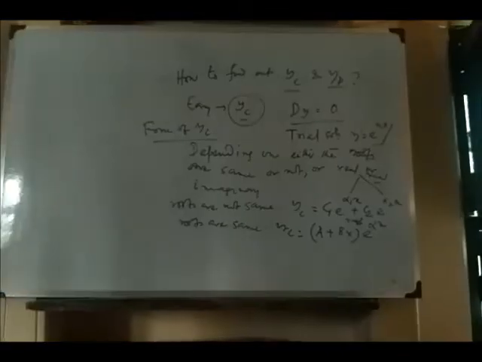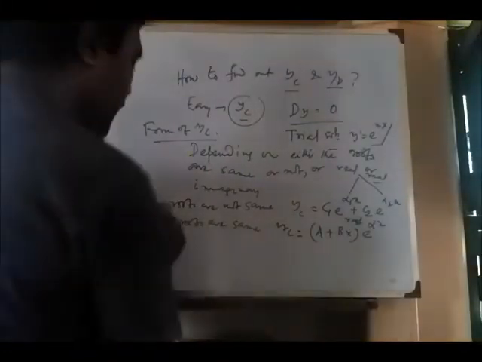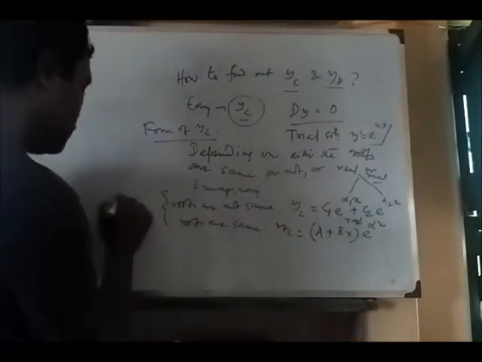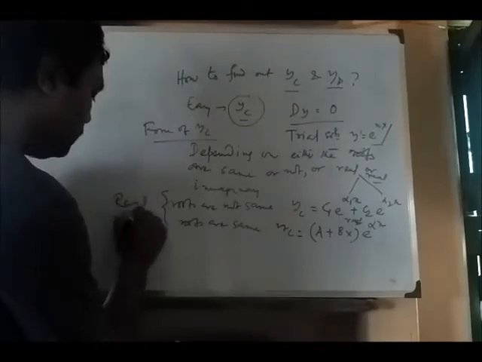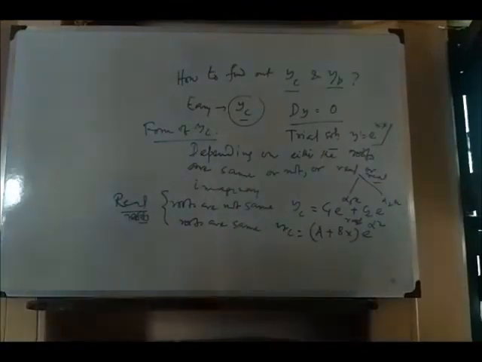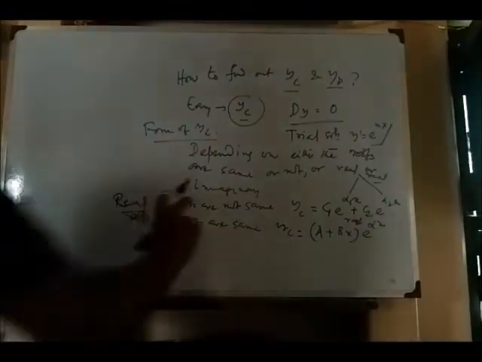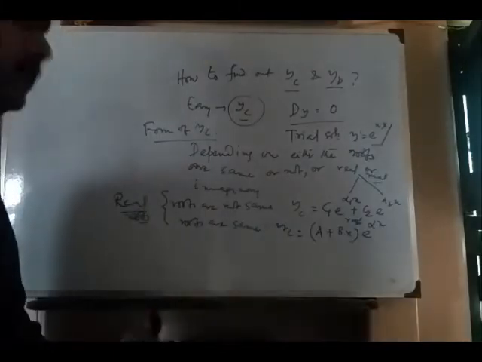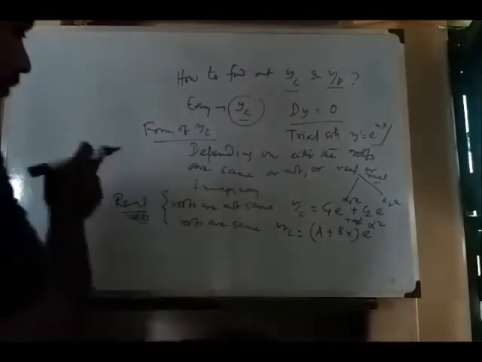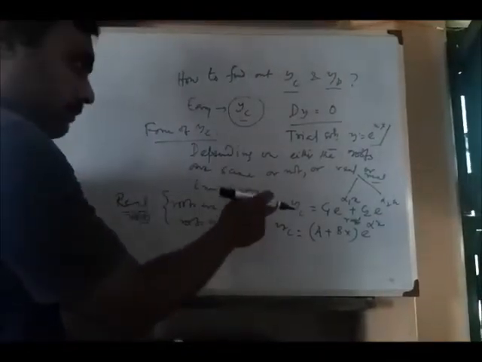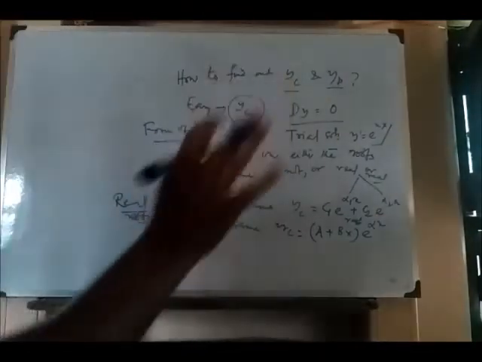In both cases these roots obviously are real roots. So in the previous two cases, the solution must be real, and of course either the roots are same or not same.